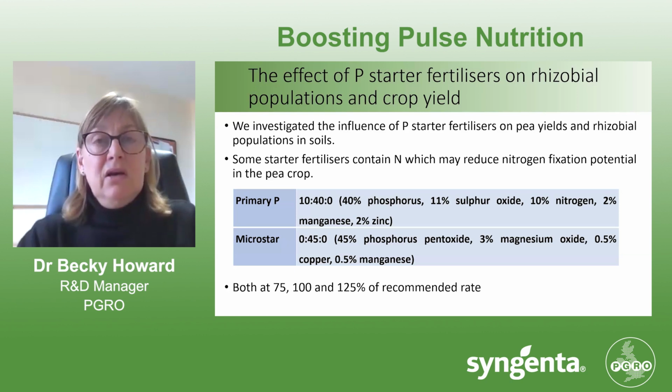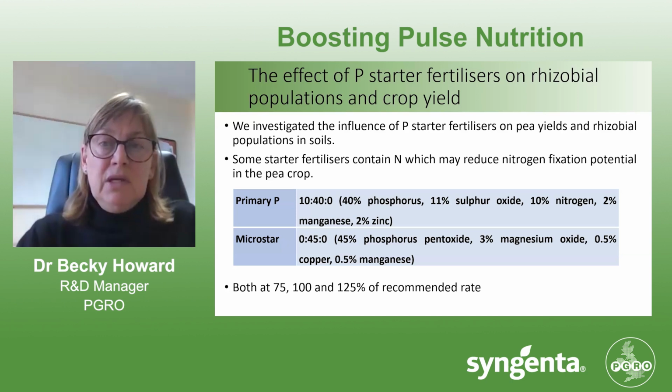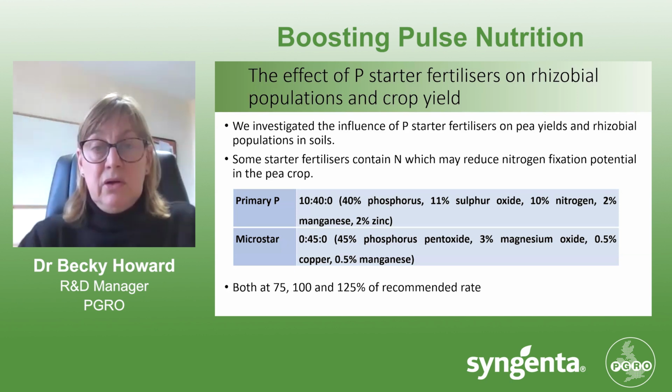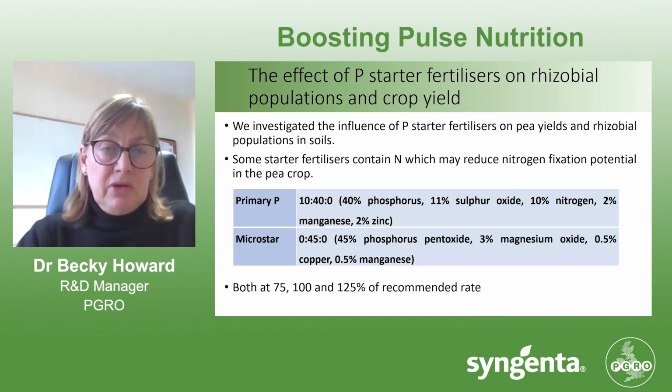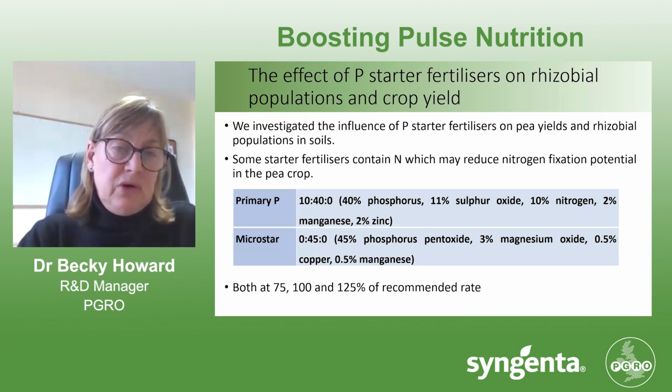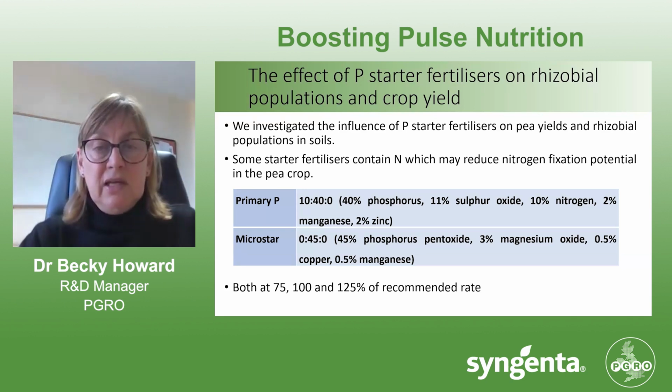So technically, although it's only 1 kilogram, when you look at the actual rates of application of nitrogen, we should not be doing that. However, we looked also at a product called Microstar, which doesn't contain nitrogen. And they both contain 4 to 4.5 kilos of phosphate in the starter fertilizer.